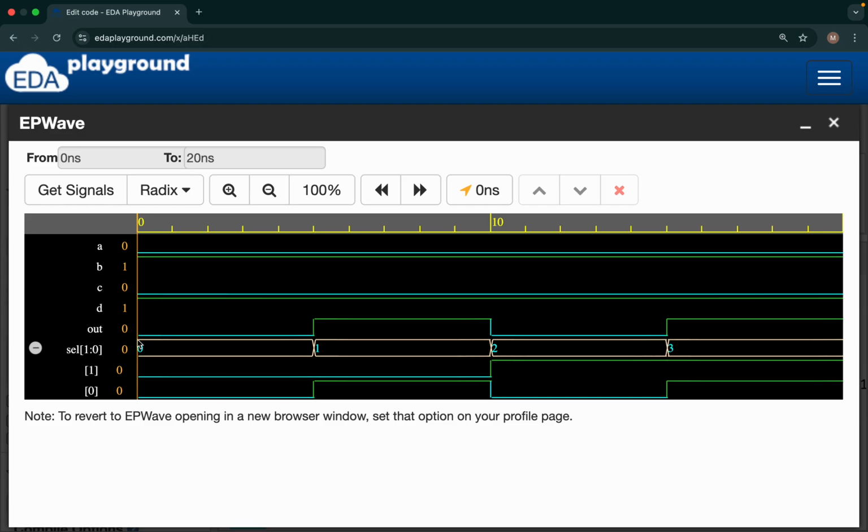When the select lines equal 0, 0, it selects input A, 0. And when the select lines are 0, 1, the input is B, 1, so the output is 1. Now when the select lines are 1, 0, it selects input C, 0, and therefore the output is also 0. Now at last, when the select lines are 1, 1, it selects input D, 1, so the output is also 1.